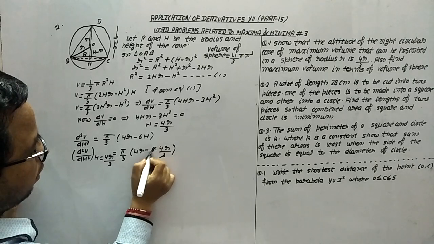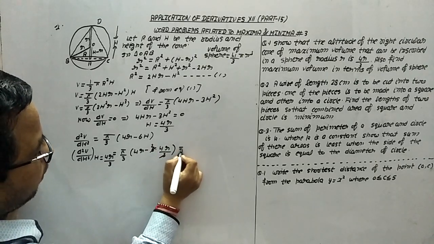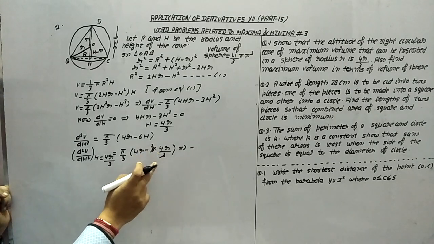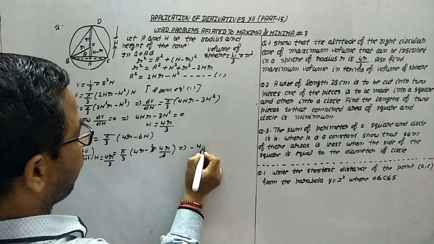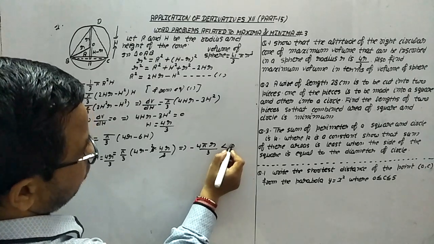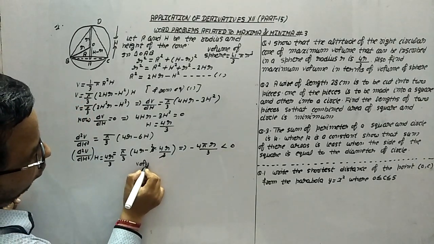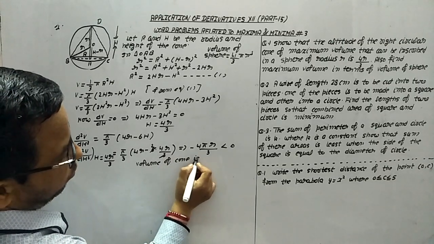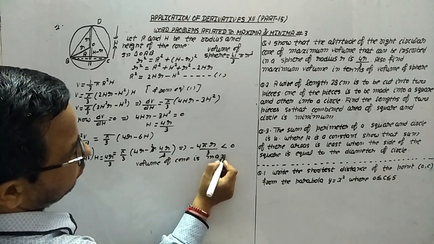It means pi by 3 (4r minus 8r). It means minus 4 pi r by 3, which is less than 0. Therefore volume of cone is maximum.